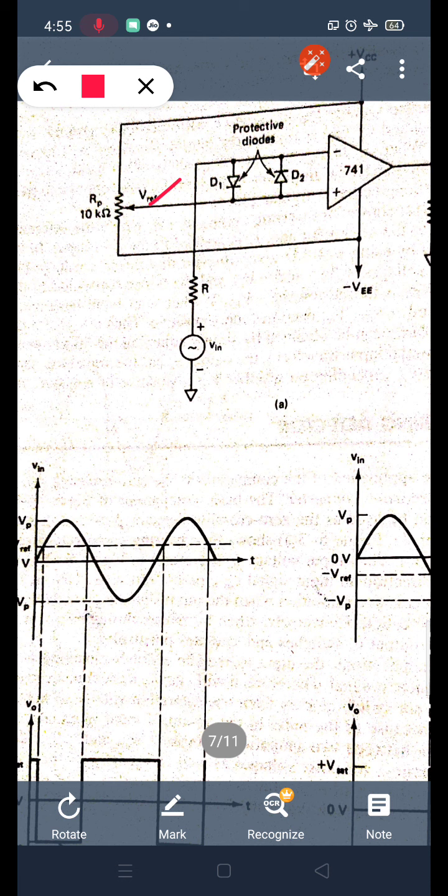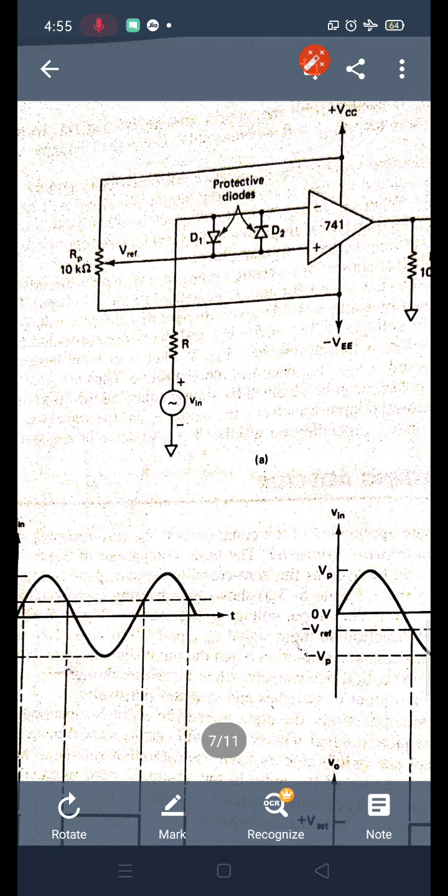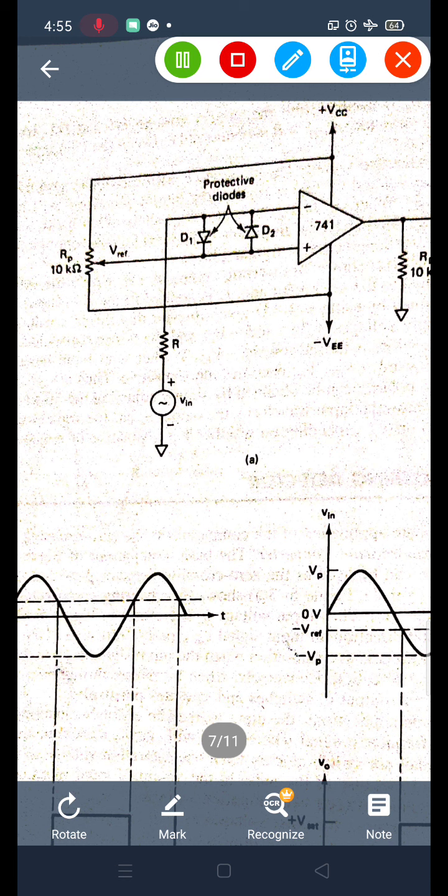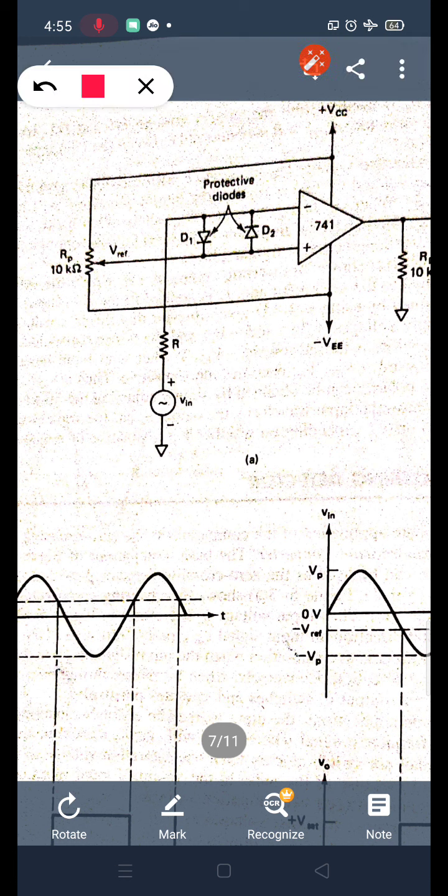In this circuit, this V reference for the inverting comparator is obtained by using a 10 kilo ohm potentiometer. This 10 kilo ohm potentiometer forms a voltage divider with DC supply voltages like plus VCC and minus VEE.